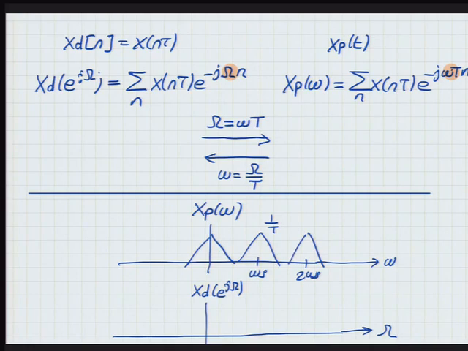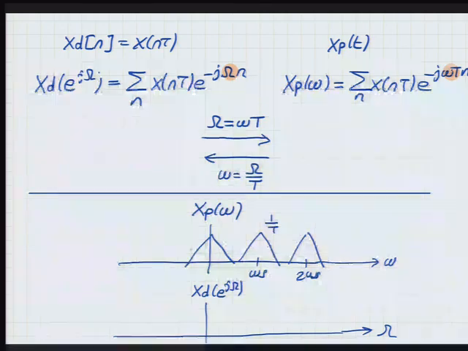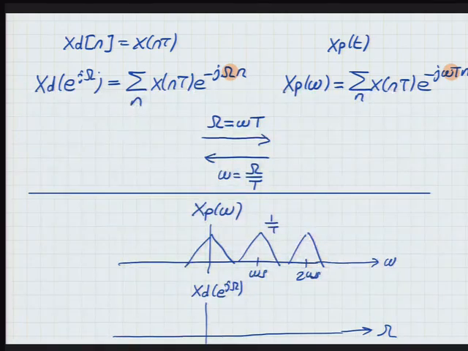Well, it will look the same, right? That's the conclusion at the top. They are identical, other than the correction, the scaling of the frequencies. So basically, I'll get the same exact picture, no difference, except that the frequencies will have to be adjusted.